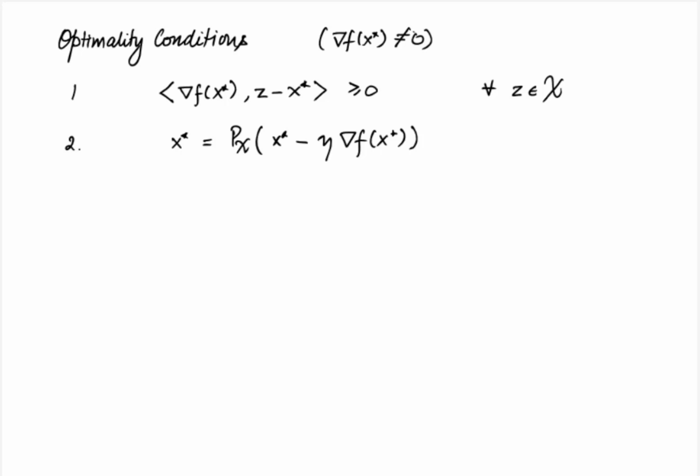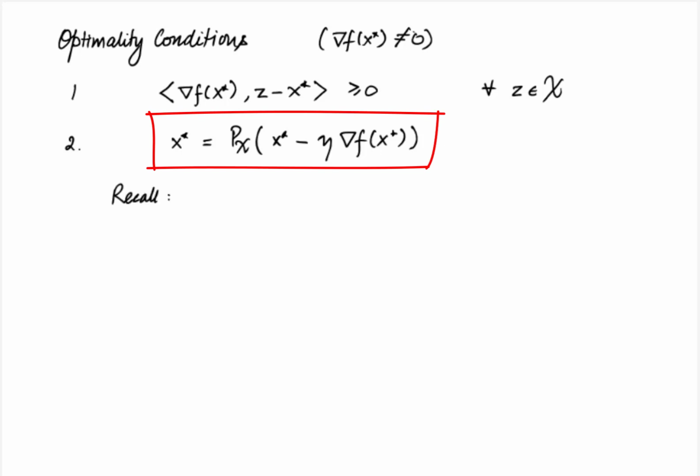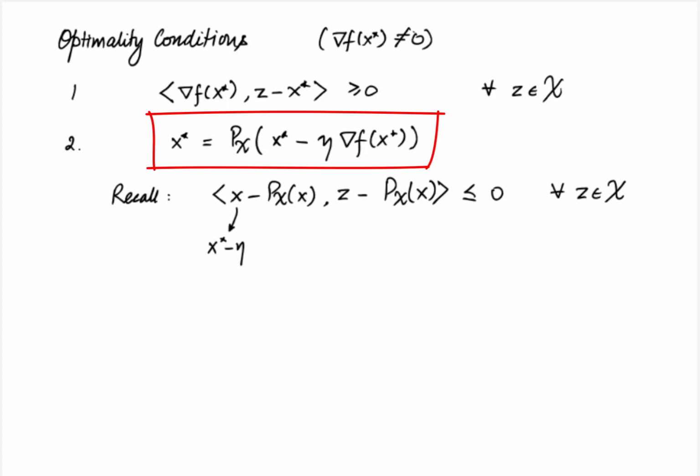To see that this is in fact the optimality condition, suppose that x star satisfies this. Let us recall the angle property of the projection operator, which was that inner product of x minus projection onto calligraphic X of x, comma z minus projection onto calligraphic X of x is less than or equal to 0 for all z in calligraphic X. In this equation, replace x with x star minus eta gradient f of x star.